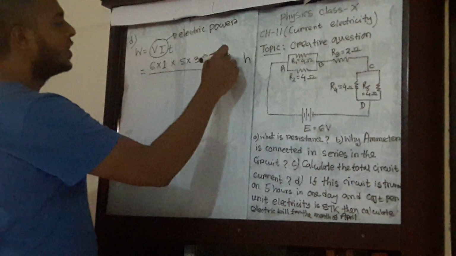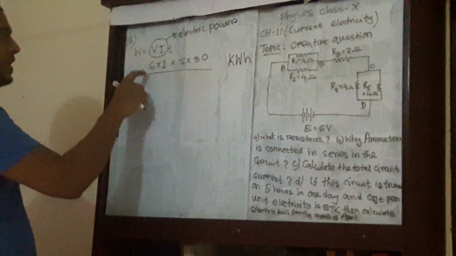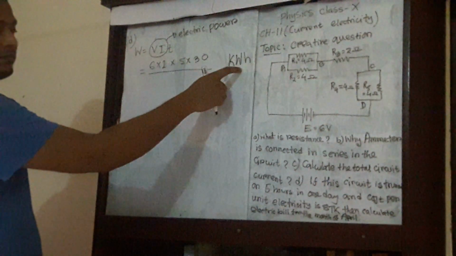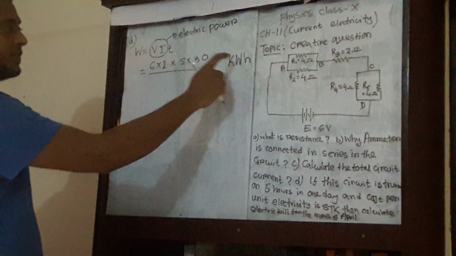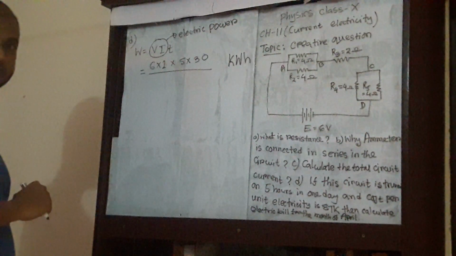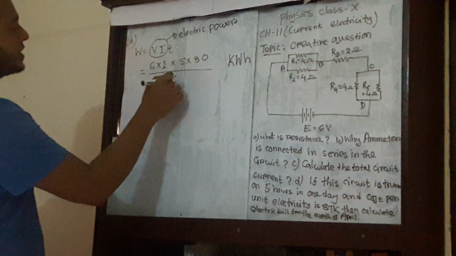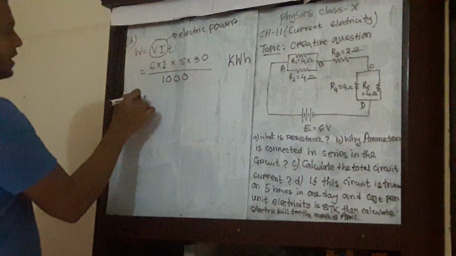Kilowatt hour. V into I gives you watt, but I need to convert this watt into kilowatt. So how can I convert this? By dividing the whole function by 1000.